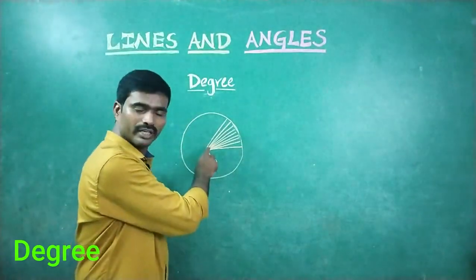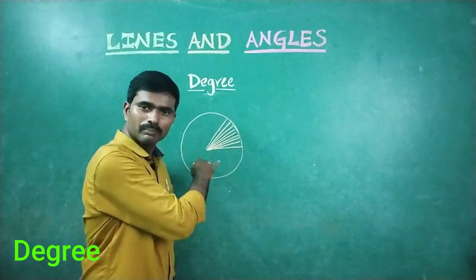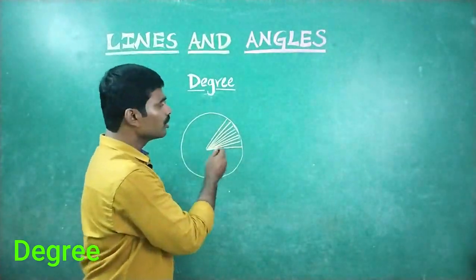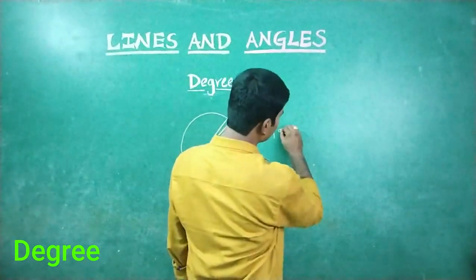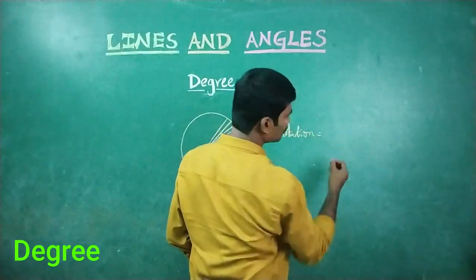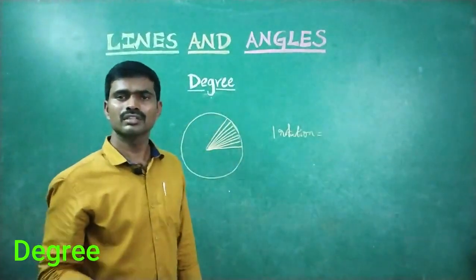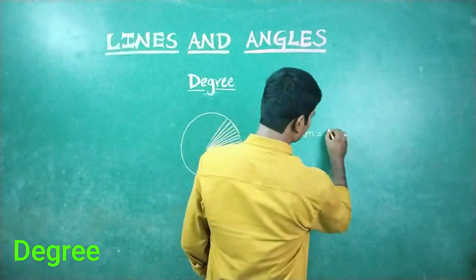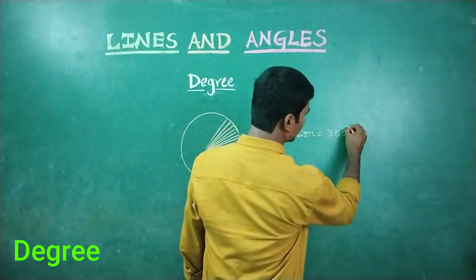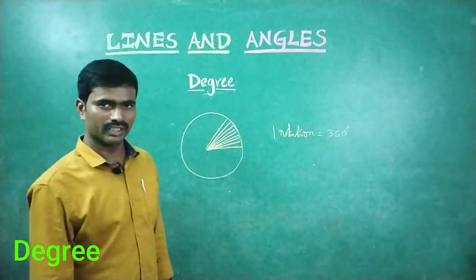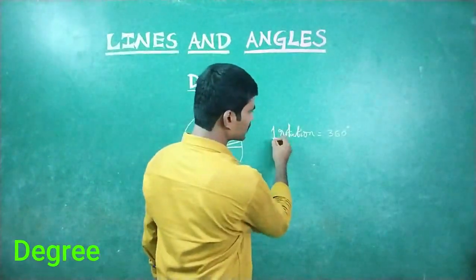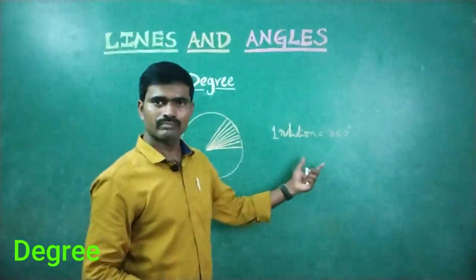One rotation is divided into 360 equal parts, then each part is called 1 degree. So one rotation equals how many degrees? 360 degrees. The degree symbol is a small circle on top. One rotation equals 360 degrees.